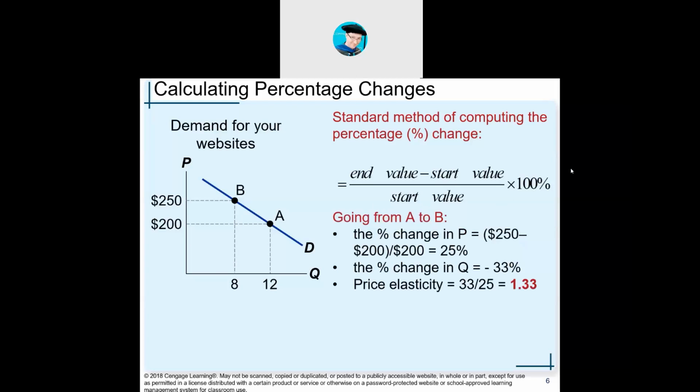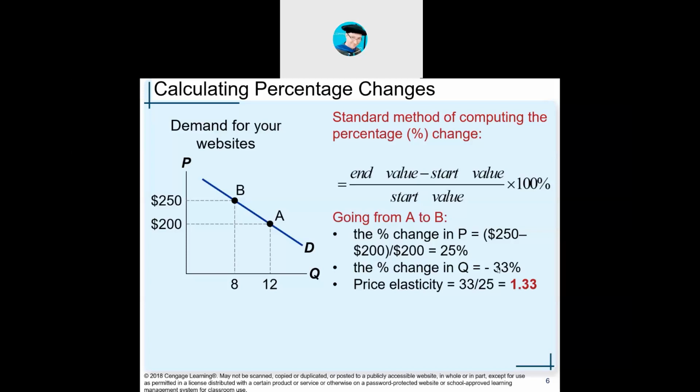So percent change in the price, 250 minus 200 divided by 200 equals 25%. Change in the quantity, 8 minus 12, I apologize, divided by 12 gets us minus 33%. 25% divided by minus 33% would be a negative 1.33.